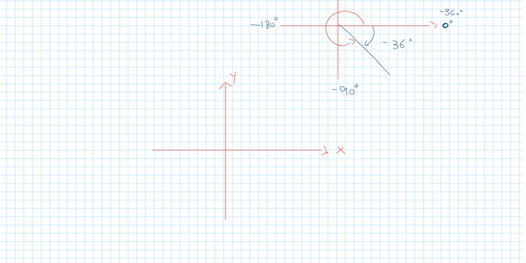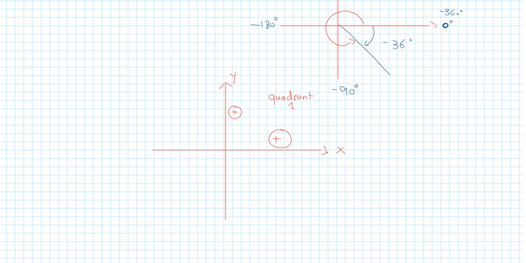So the X values are positive, and the Y values are positive. We know that, right? So in quadrant 1, both the X and the Y are positive.